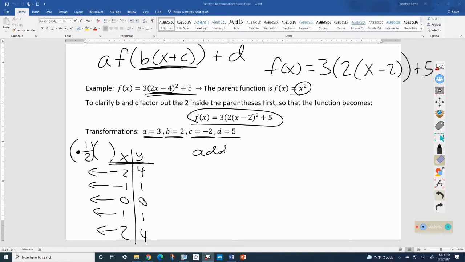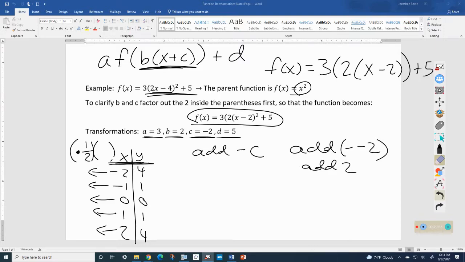Up above here on the notes page, what does it say? Add -c, right? Well, if c is -2, then I need to add -c, which is -2. I need to add -2, which means I need to just add 2.